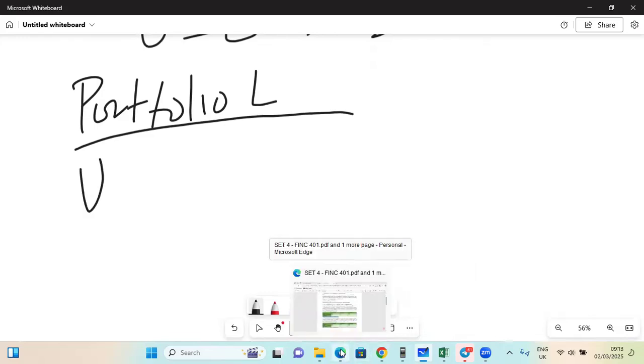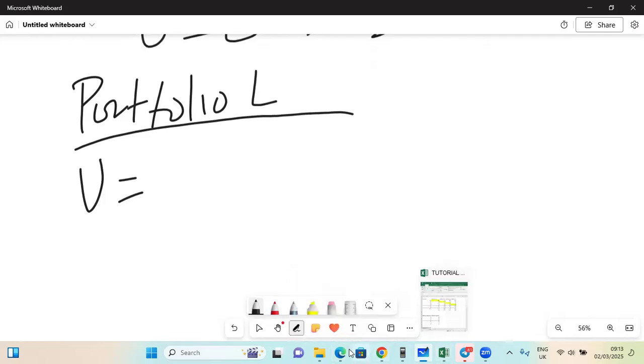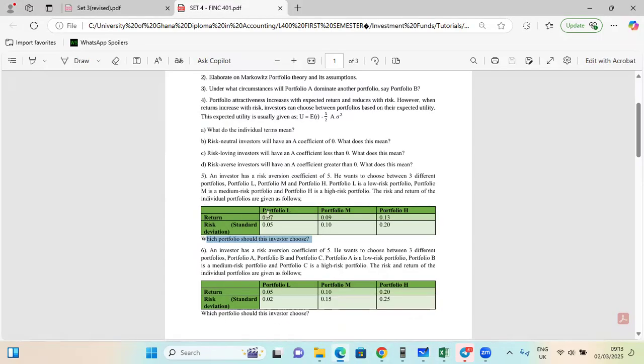U is equal to the expected return that you are seeing in portfolio L, which is 0.07.